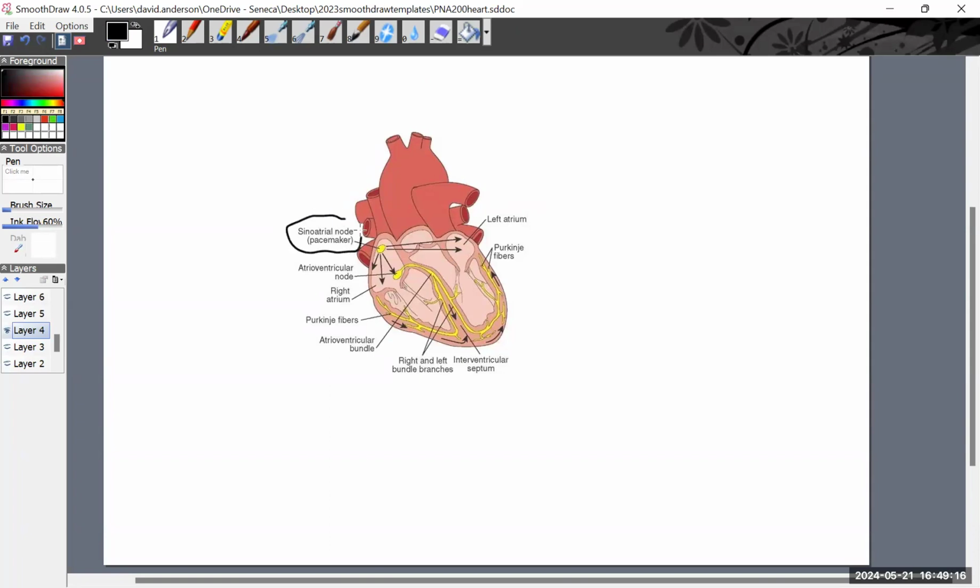So here's our pacemaker. And as a result of signaling the pacemaker through either the sympathetic division or the parasympathetic division, or even both, we're going to create a rate of signaling. And this rate is stronger than autorhythmicity, so it overcomes autorhythmicity.